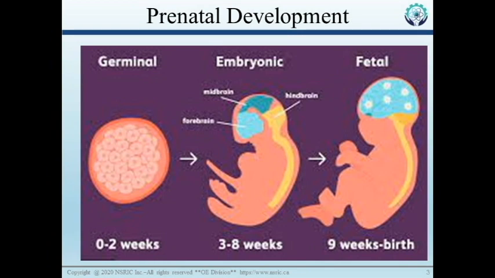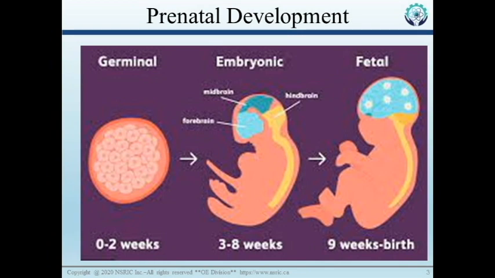And then we have the embryonic stage from weeks 3 through to 8. Here we have real rapid development. The blastocyst begins to differentiate into three primary layers: the ectoderm, the mesoderm, and the endoderm, if you recall from the historical researchers identifying this stage in chick eggs.